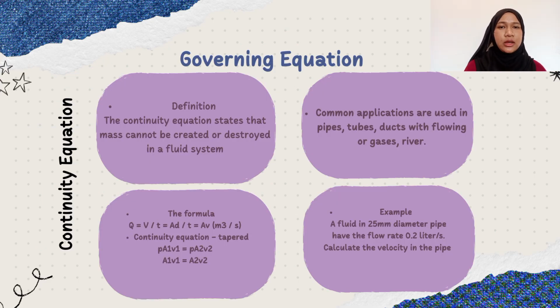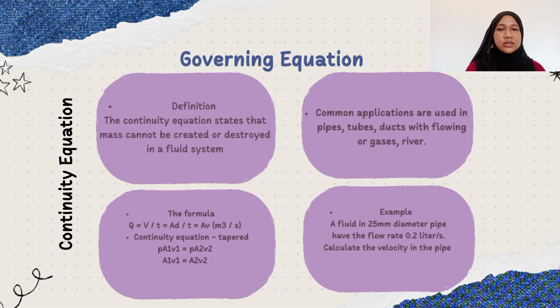For governing equations, there are two main governing equations in hydrodynamics. The first is the continuity equation. The second is the Bernoulli principle. The continuity equation states that mass cannot be created or destroyed in a fluid system.